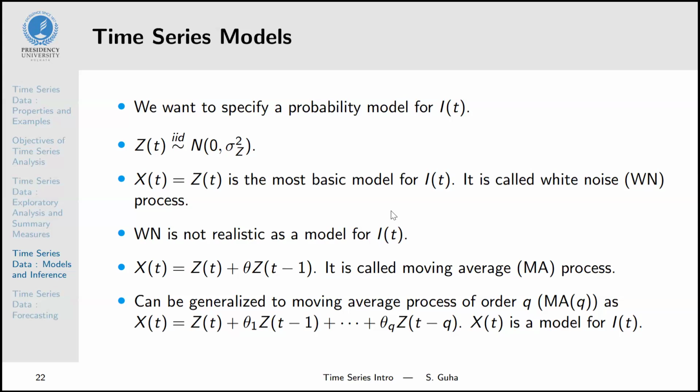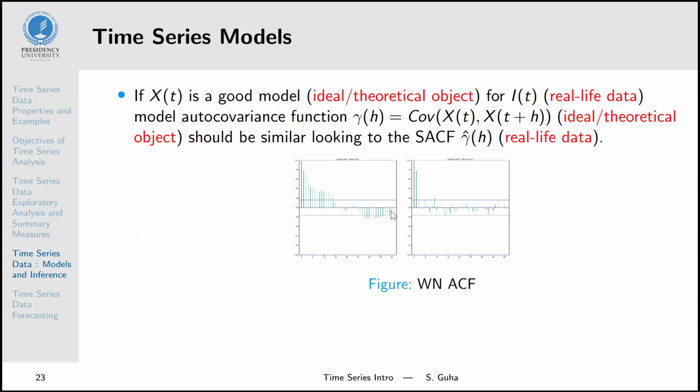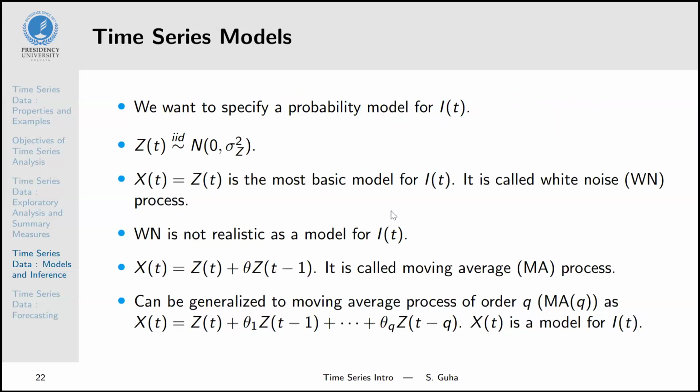For Xt, just recall what we have done. We have taken Zt IID normal 0, sigma squared Z, and tried to tell you that this Zt may be a probability model for this It.